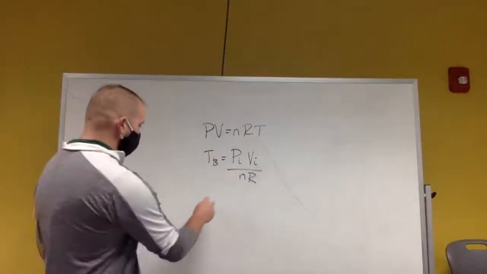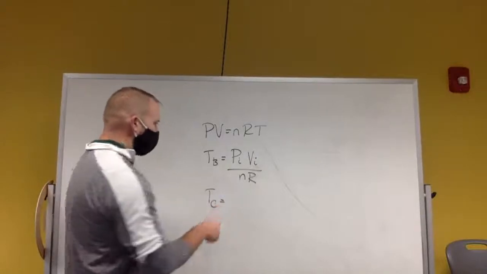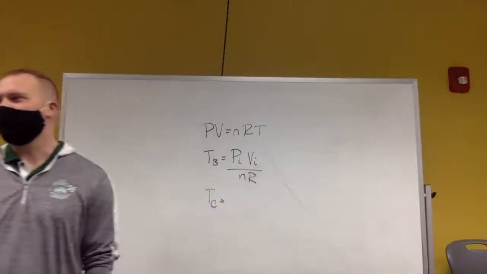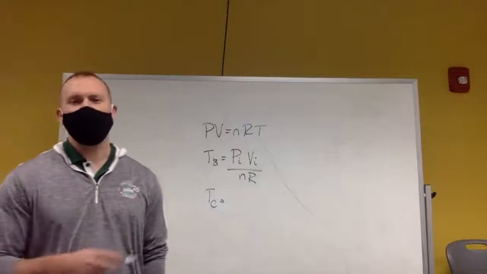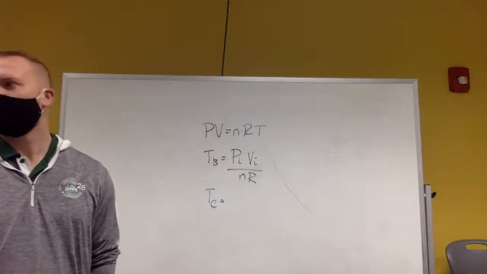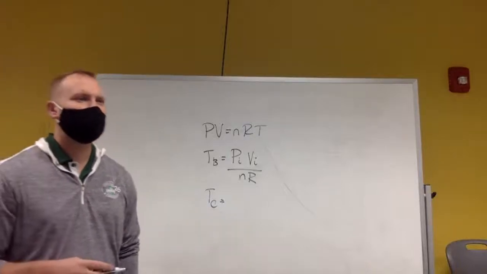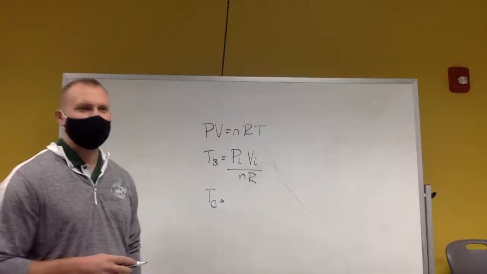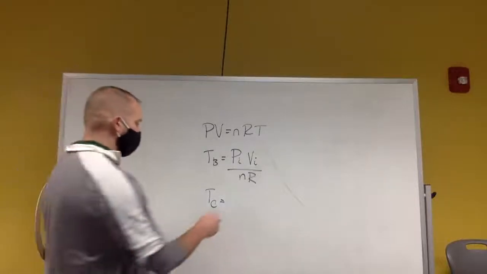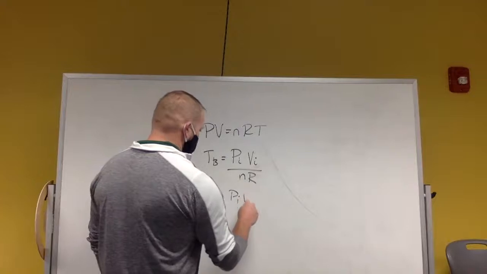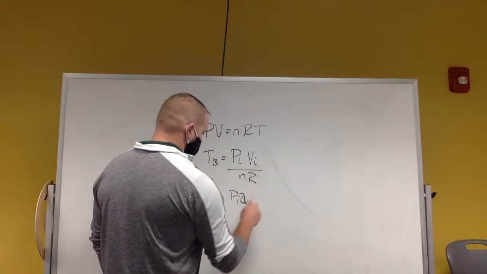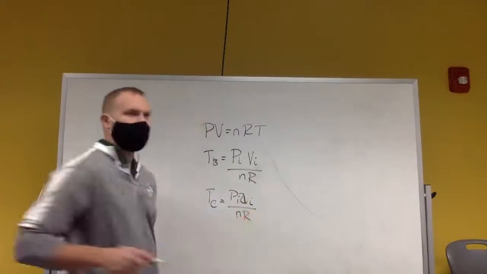In terms of the temperature at C, how would I write down what the temperature at C is? Look at our graph. What would I write down? Pi 2Vi over nR, yes?